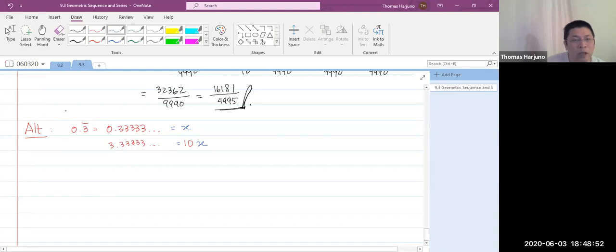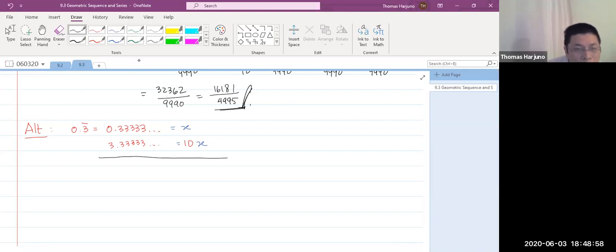Now, when I subtract, the purpose is to move the decimal point the number of times such that the repeating decimals coincide with the previous repeating decimals. In this case, it repeats only one digit, so I just multiply by 10, and you see that this 3 here, when you multiply by 10, goes here.